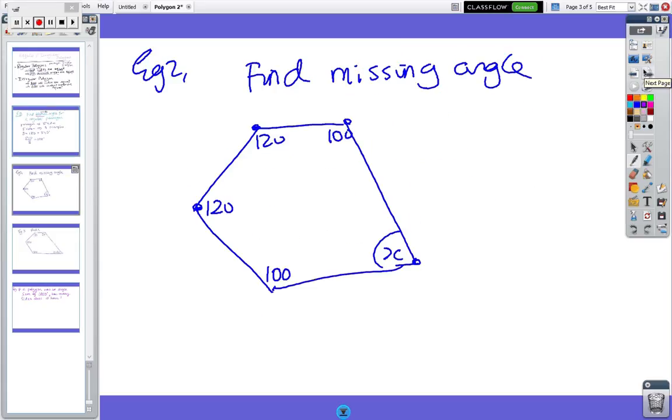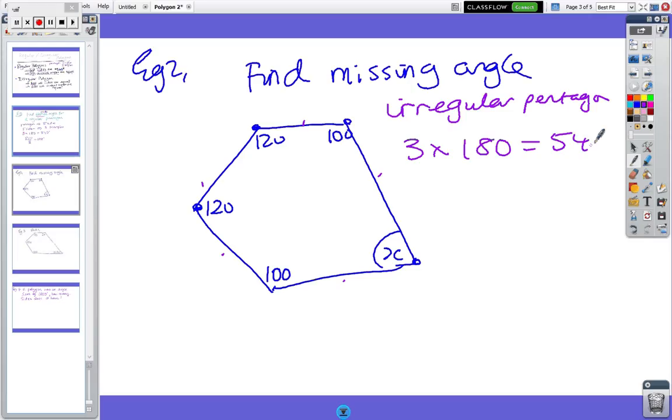Okay, so now what we've got is an irregular shape, and I've done a pentagon again. Okay, so 1, 2, 3, 4, 5. So we've got 3 triangles again, so we've got 540 degrees, but they're not all equal to 108. So I've got 120, I've got 100, I've got 120, and I've got 100.